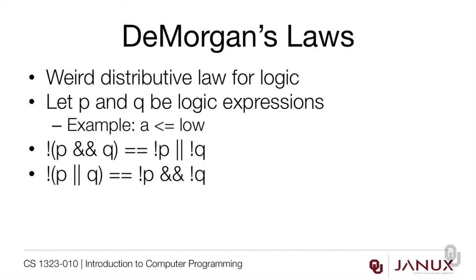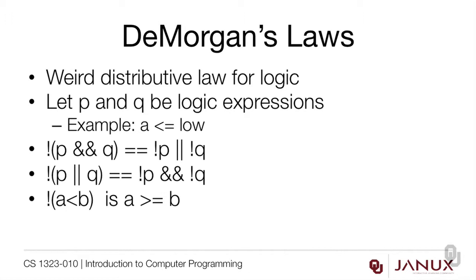That and flipping to be or is what makes it a weird distributive law. Now, if we use not P or Q, then we get not P and not Q. So the not sort of gets distributed to the P's and Q's, and the or gets flipped to be an and. Now, the rationale for De Morgan's laws is exactly what I gave you in that previous slide. This is just the more general format of it.